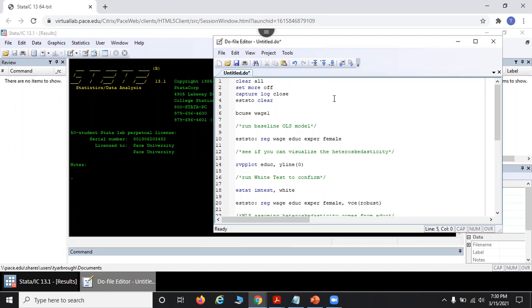So what we're going to do is start with some basic ordinary least squares regression. We're then going to test for heteroskedasticity, and then we're going to address it in the most simple way, which will be the use of robust standard errors.